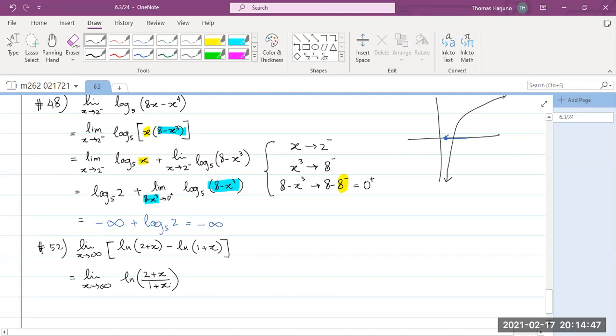Is it right? And then at infinity, this function is continuous, so I can pull the natural log out and apply the limit to the argument.